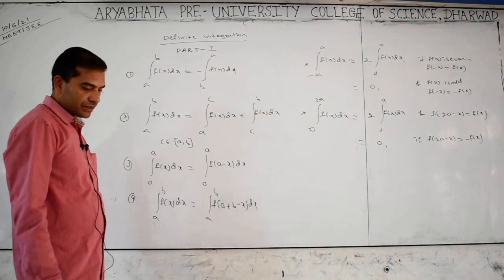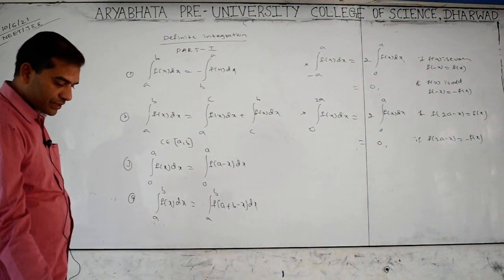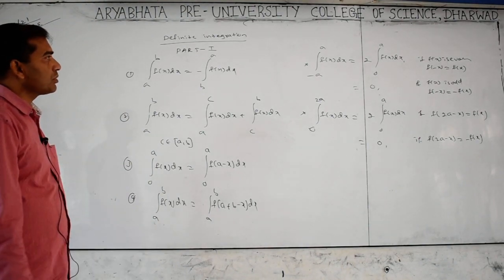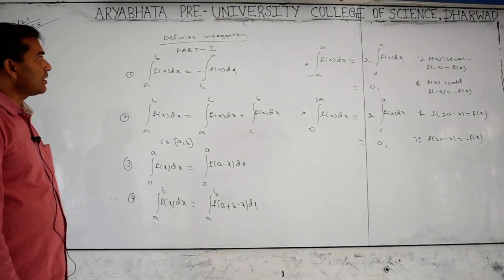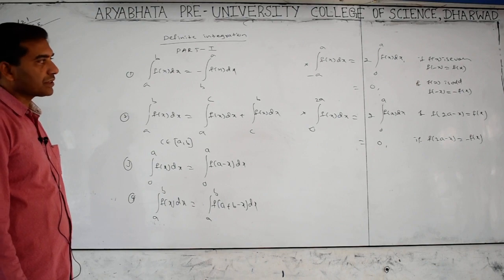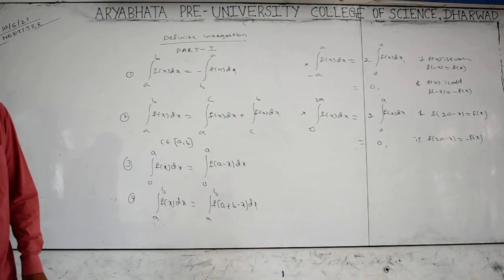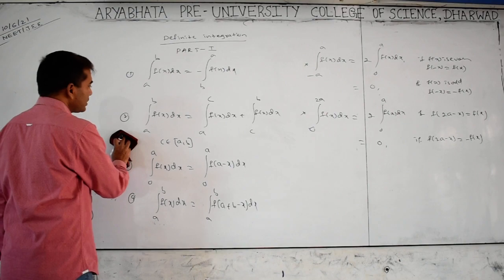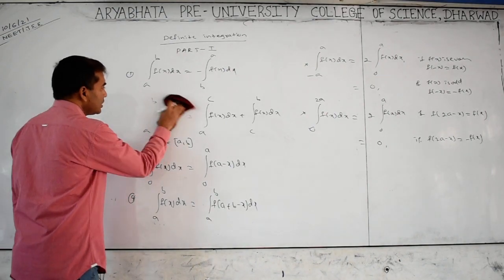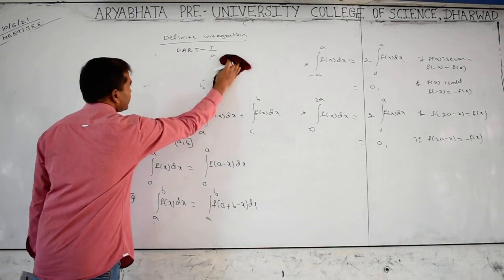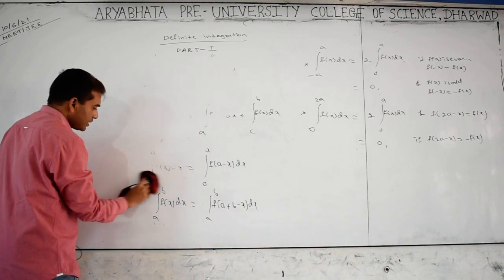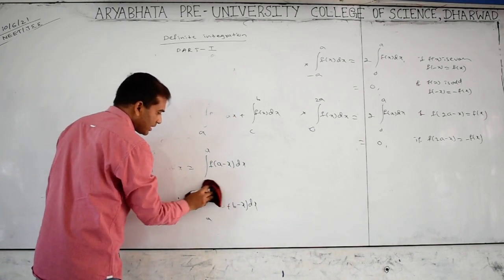These are the properties. By using these properties, definite integration is a compulsory question in JEE as well as CET. In CET they will ask 3-4 questions. If limits come, then use these properties. And in these properties, some standard results are there.